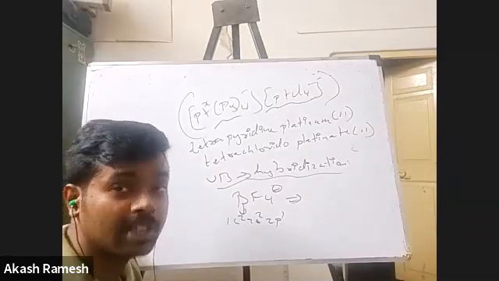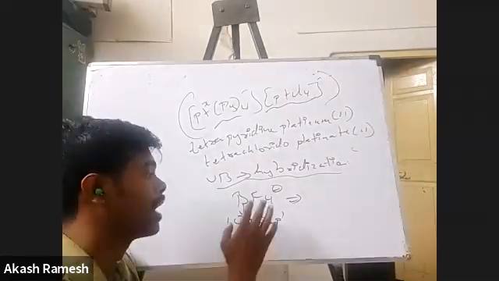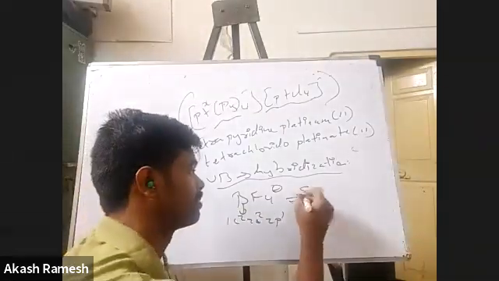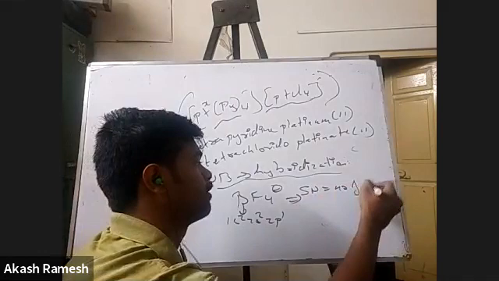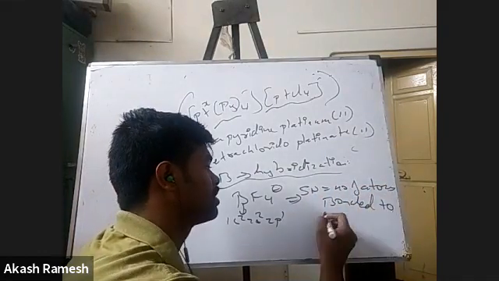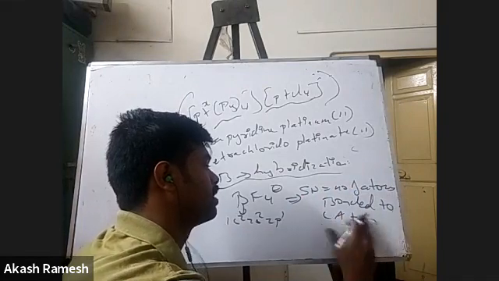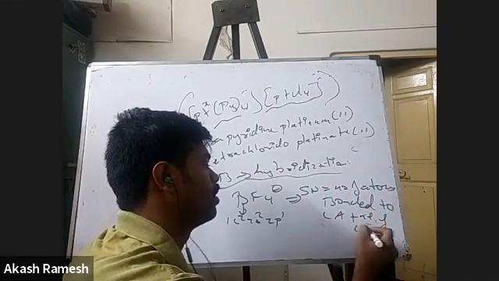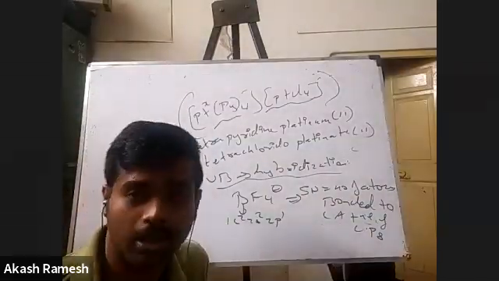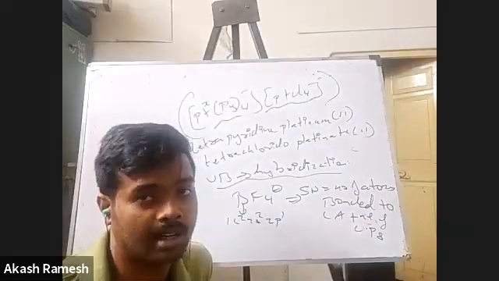Steric number is equal to the number of atoms bonded to the central atom plus the number of lone pairs in the central atom, right?